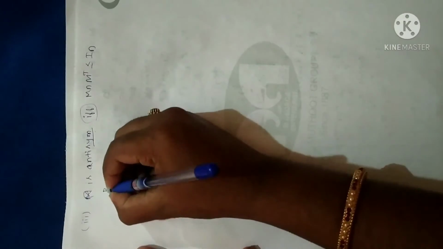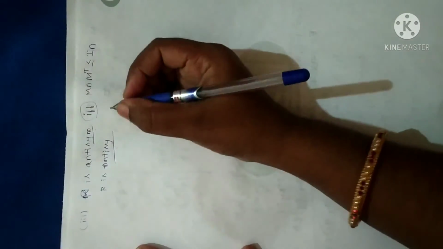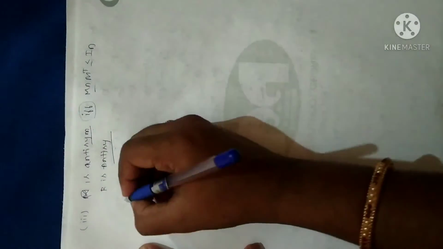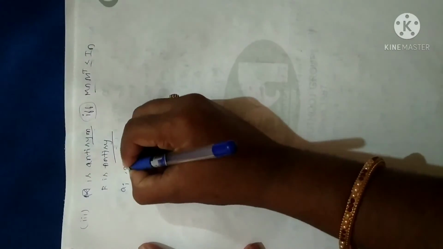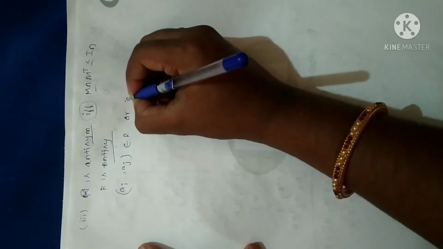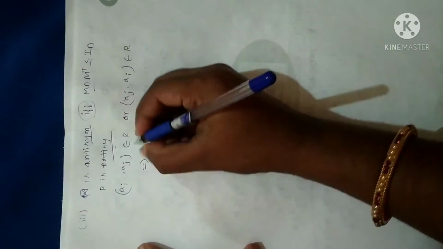Now let me take R as antisymmetric. I have to prove that M intersection M transpose is less than or equal to In. As per the definition of antisymmetric, if two elements (ai, aj) are in R and (aj, ai) are in R, that implies both should be equal.